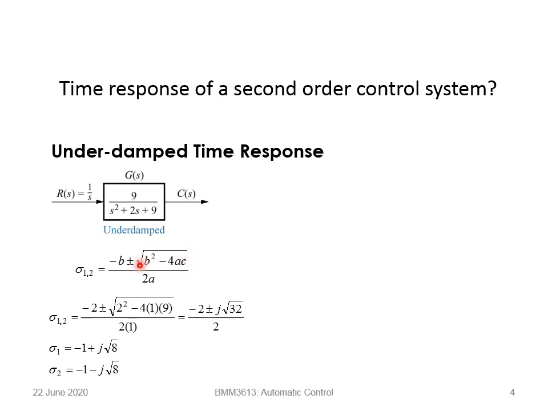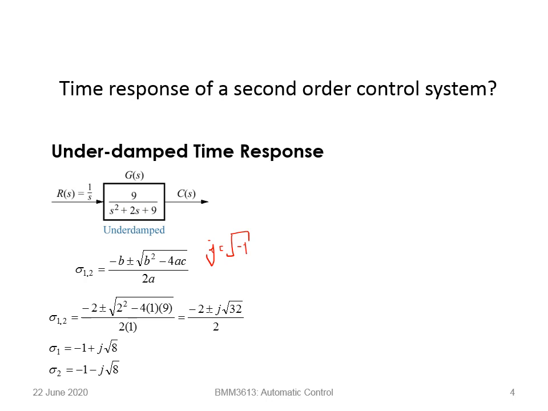This is just a revision of complex numbers, right? If the terms inside the square root are negative, then it means you have complex terms. Because the definition of j, a complex number, is basically the square root of minus 1, right?